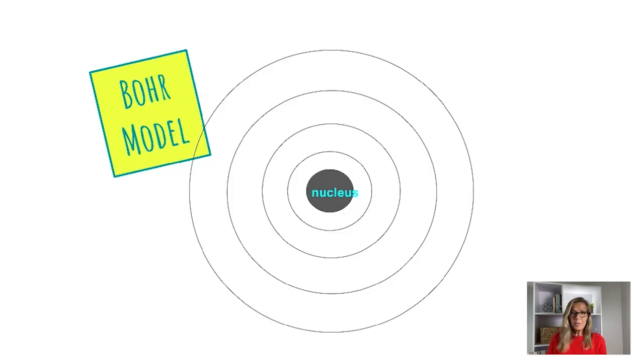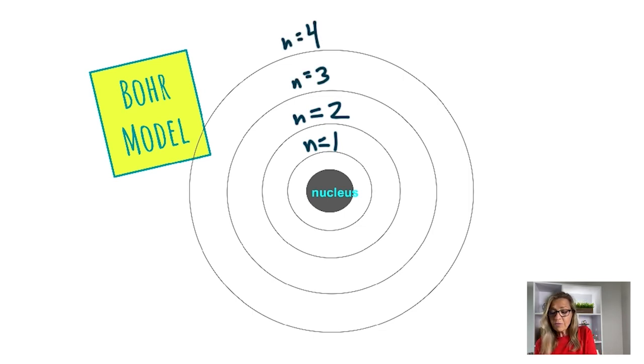Now, this is the Bohr model, and this is how we talked about the hydrogen spectrum. If you look at the Bohr model, he had a pretty good idea of what the atom looked like. n equals 1 would be that first level, and we could put a couple electrons there. And then n equals 2, that second level is a little bit further out. You could stack more electrons in there. And then level 3 and level 4 and so on.